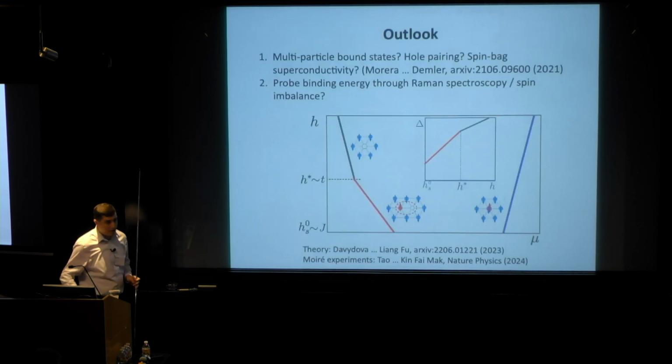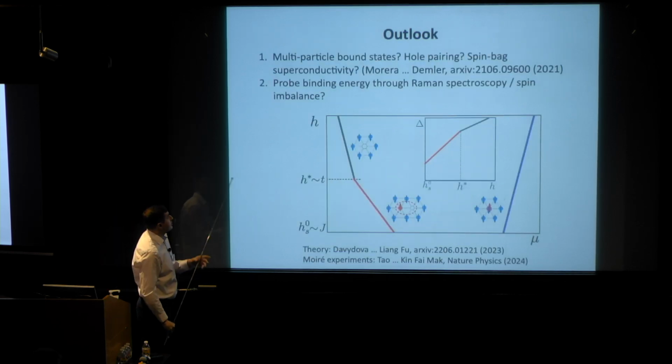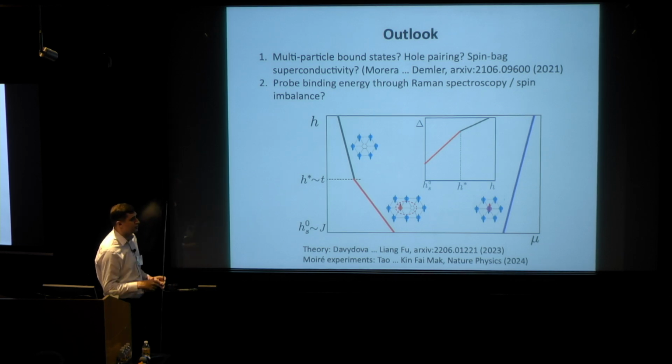All right, so as an outlook, other things we could look at in the future: you've already heard from Eugene this idea that you don't need to just focus on the simplest polaron, where you have a single hole bound to a magnon. You can look at more complicated objects with multiple holes and multiple magnons binding together.